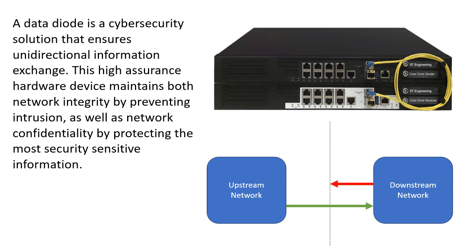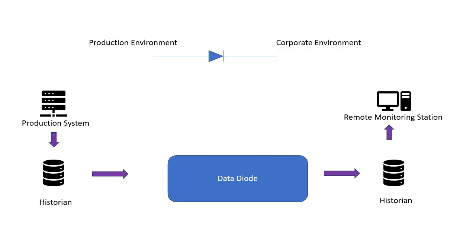So as you can see in the right corner, this is a picture. Data diode basically ensures one-way communication. So the data will go from upstream to downstream network, but it cannot come back from downstream to upstream. That is the significance of data diode.